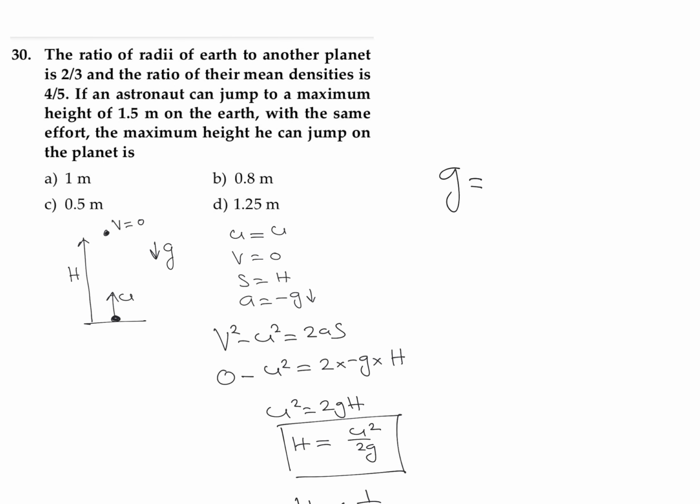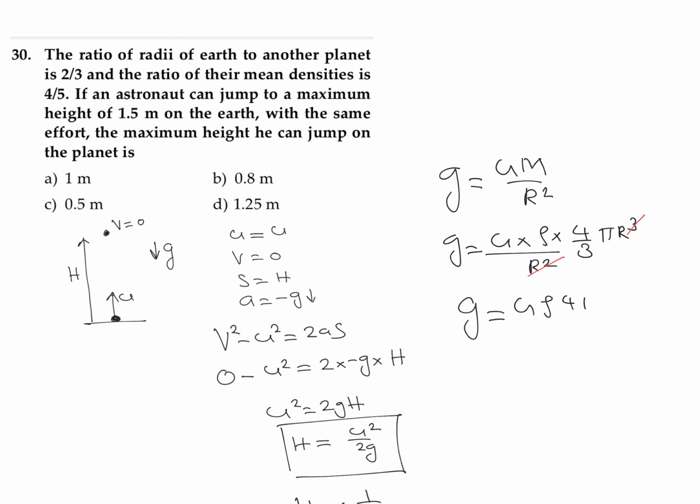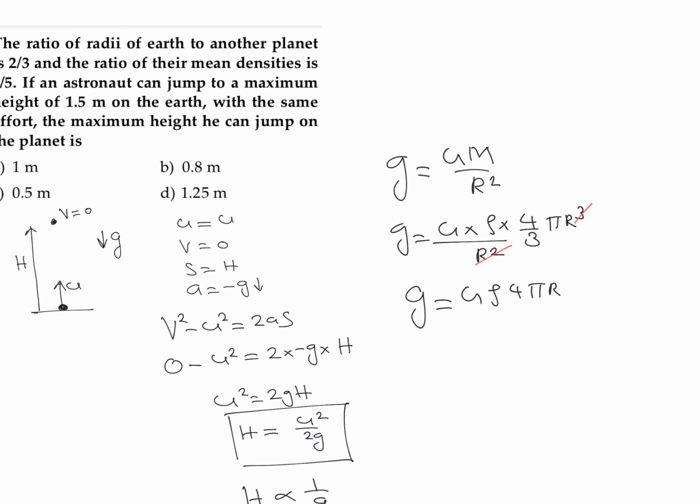So we can write acceleration due to gravity on the surface of a planet is GM by r square, and here it is given in terms of density. So we'll write the value of mass as nothing but density into volume. Volume we can take as 4 by 3 pi r cube, divided by r square. So we can cancel this r square and this r over here. So this is going to be g is equal to G into density into 4 pi r divided by 3.